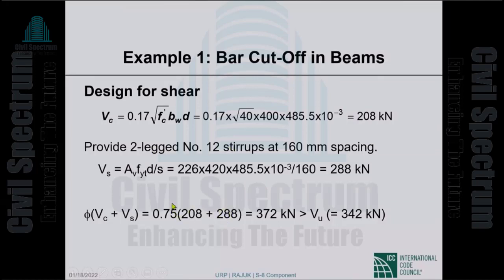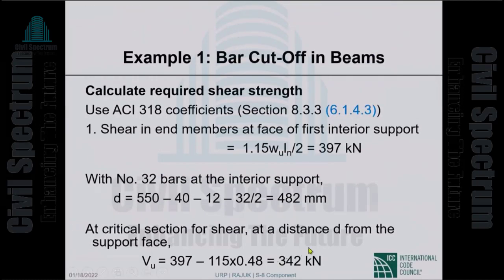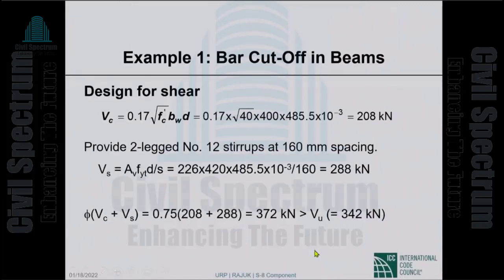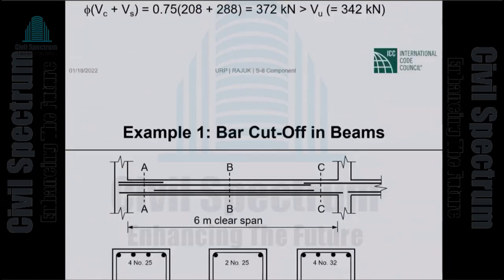Combined and reduced by the phi of 0.75 gives us 372 kilonewtons, which is greater than the 342 that we need to take at the critical section. So we have our flexural reinforcement, we have our shear reinforcement, two-legged number 12 stirrups.